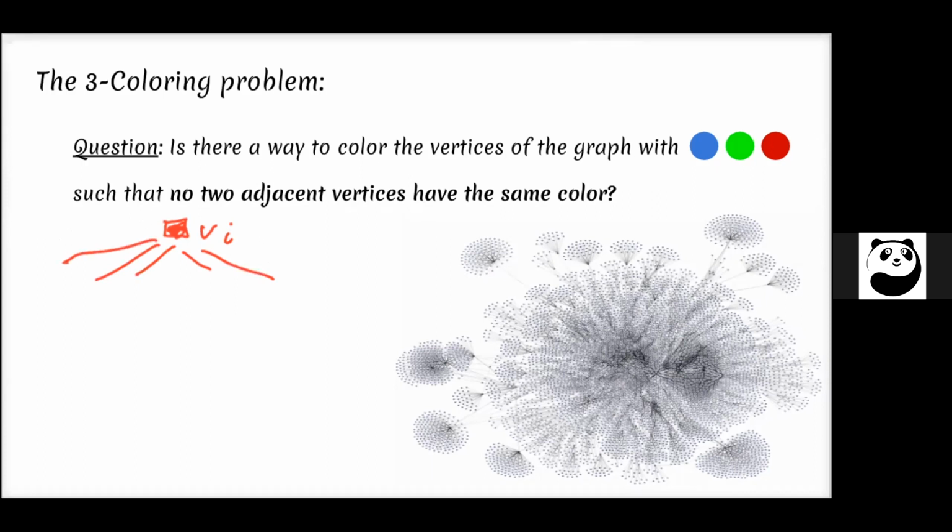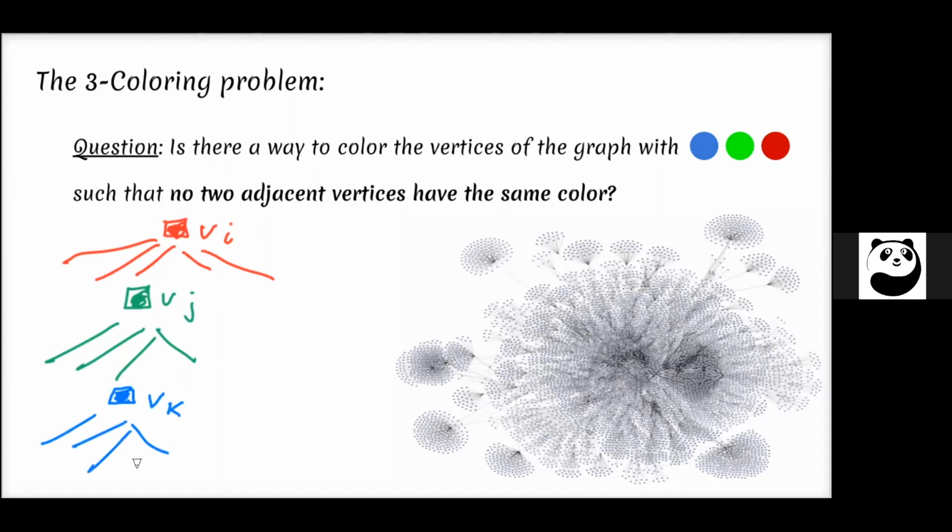So you pick, let's say, VJ, and you say, okay, this is the next vertex that I'm going to color, VJ, and I'm going to give it green. And then from VJ, you have so many choices. So you pick one based on some heuristics, VK, and you say, okay, that one is blue, and then you go from there again, and so on.